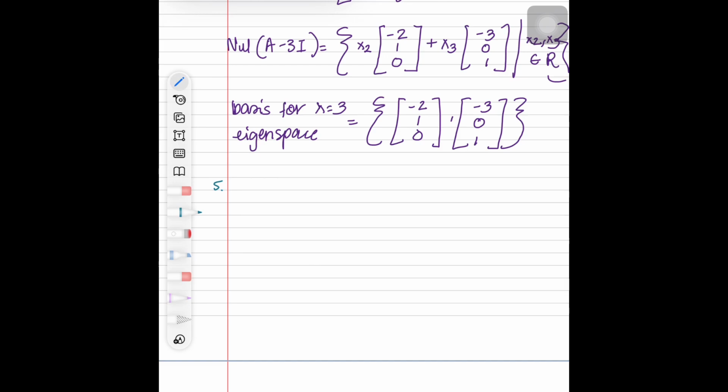So it says find the eigenvalues of the matrices given below.